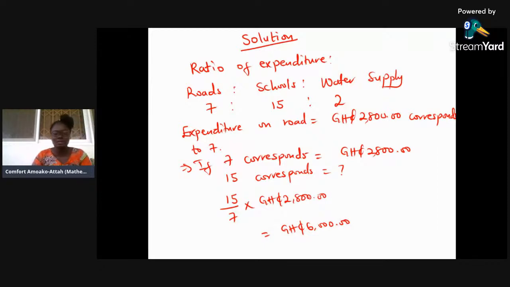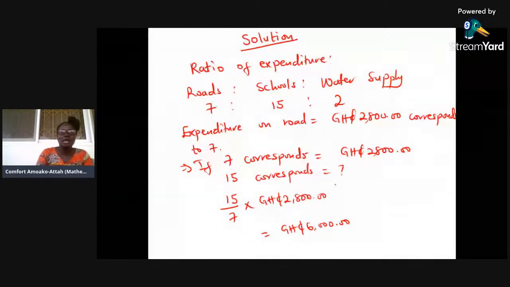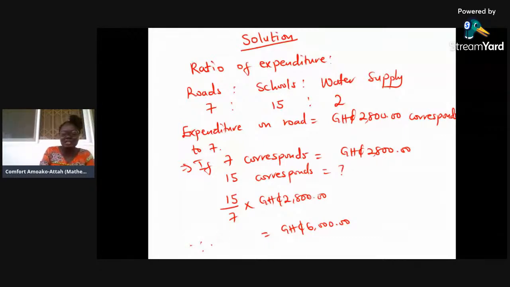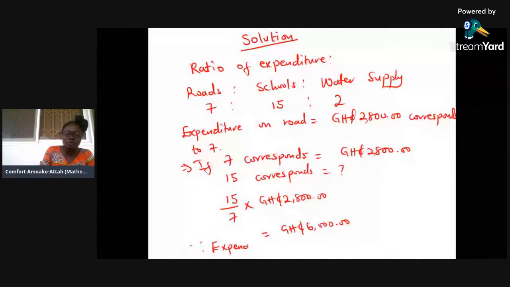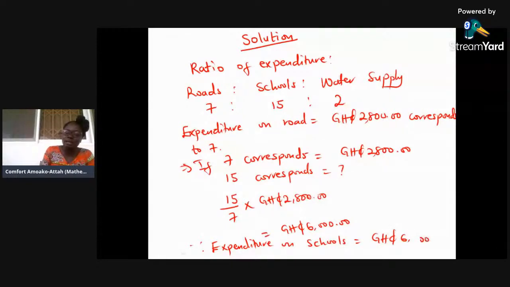All right. Now, we can confidently say that expenditure on schools is equal to 6,000 Ghana cedis. All right. Let's move to the expenditure on water supply.